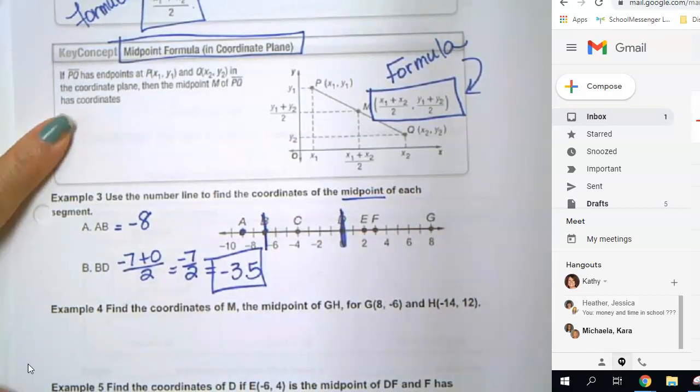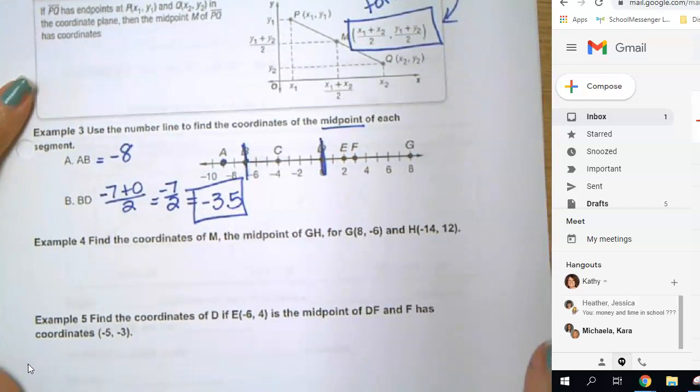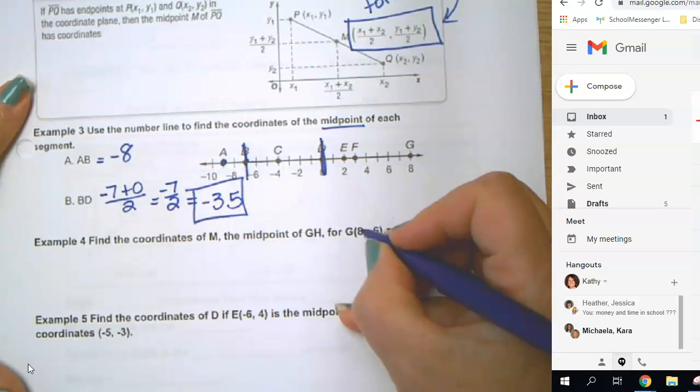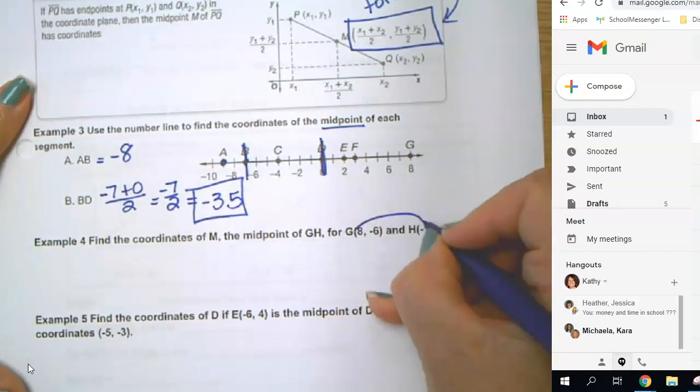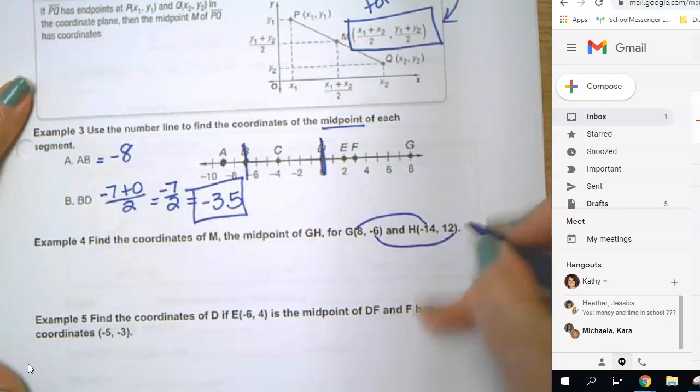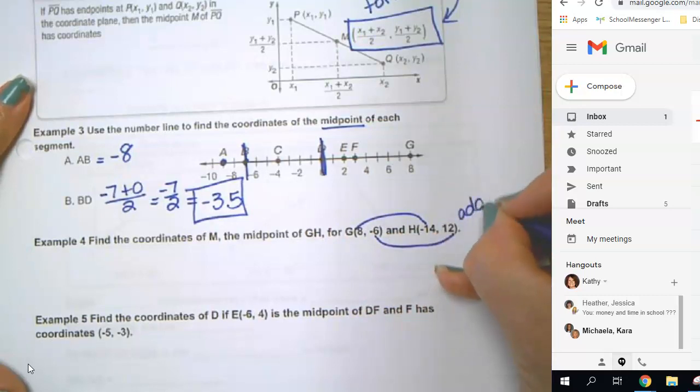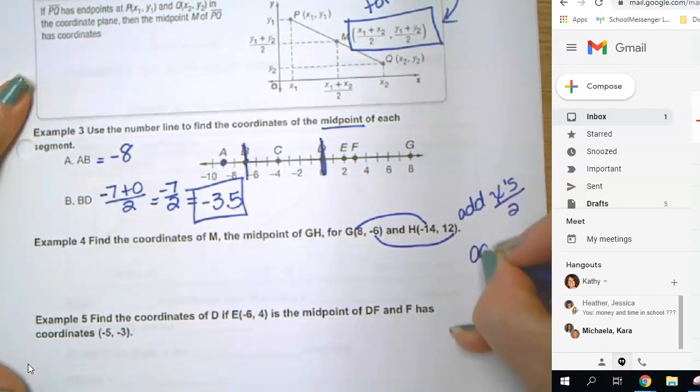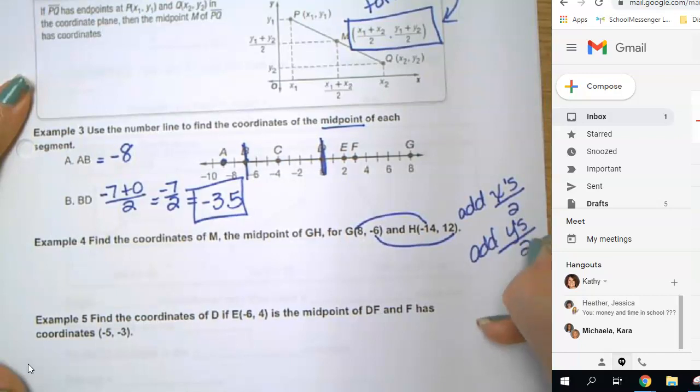The coordinates one, this one is doing basically the same thing. So you're adding your x's and then you're adding your y's. So add x's, divide by 2, add y's, divide by 2.